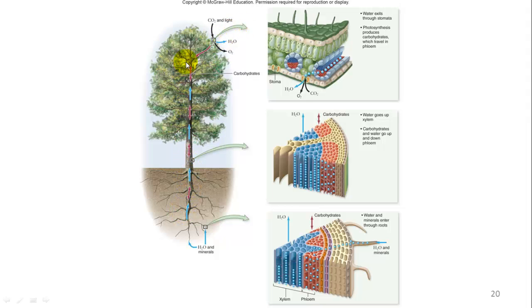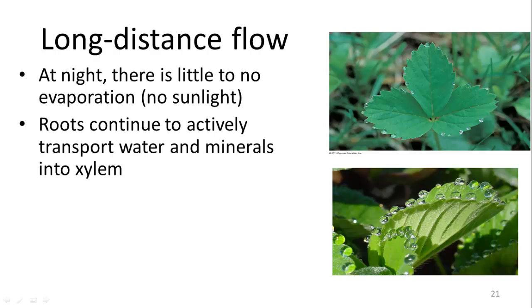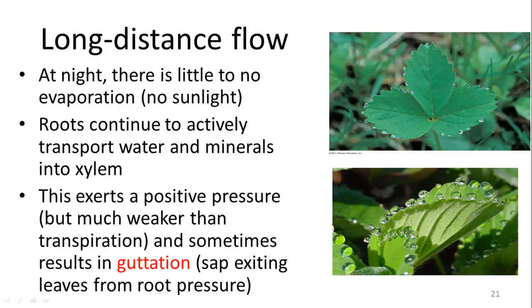The cohesive and adhesive properties of water help counteract the effects of gravity pulling the water down. At night, there is little or no evaporation occurring, but sometimes there's still active transport of water and minerals into the cell, exerting a positive pressure. This will sometimes leave droplets of xylem sap at the stomata in the morning, and this is called guttation.